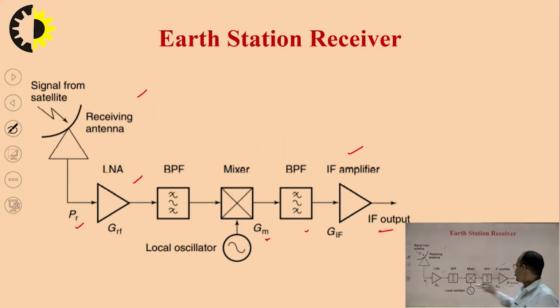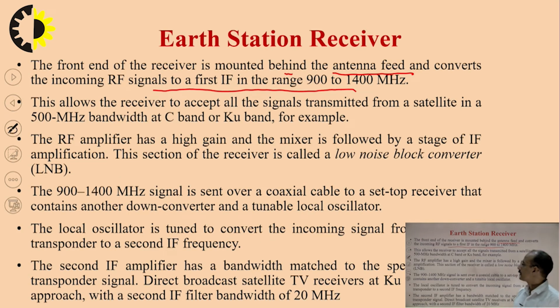This is the first part of the earth station, just behind the antenna. This allows the receiver to accept all the signals transmitted from a satellite in a 500 megahertz band at C band or Ku band, for example.